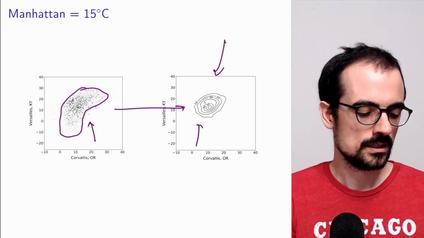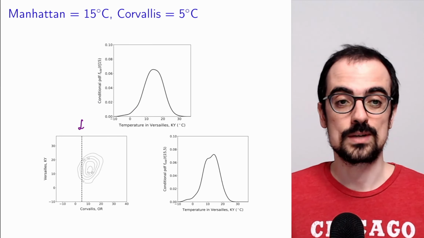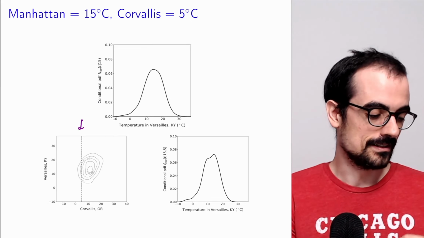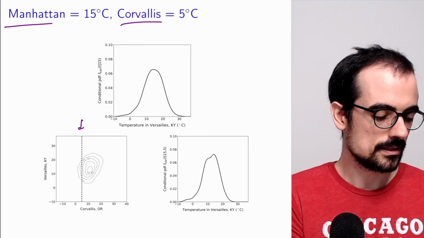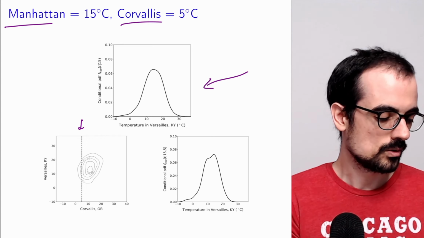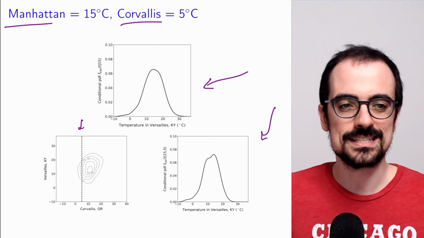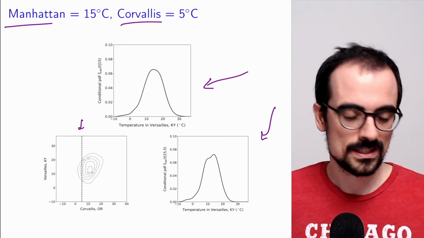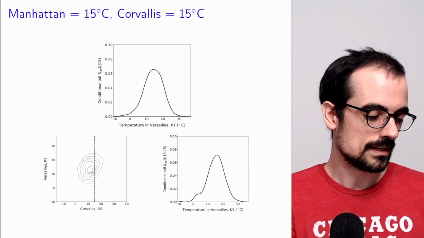Very different. So now when we actually slice this thing at different parts and renormalize to get the conditional given Manhattan and Corvallis, so here what I'm showing you is the conditional just with Manhattan, and here is the conditional with Manhattan and Corvallis. It turns out that they're very similar. So this is Corvallis at 5 degrees, this Corvallis at 15 degrees.